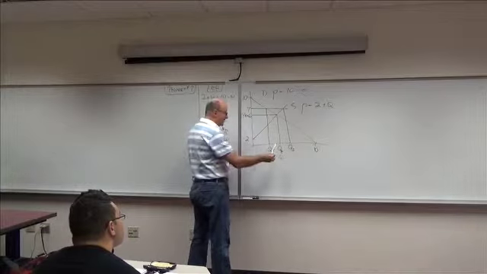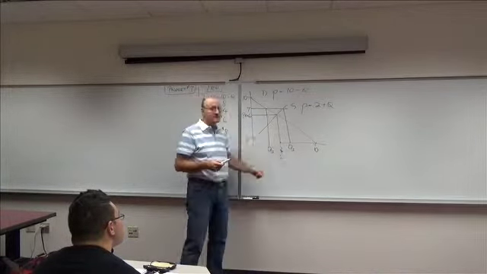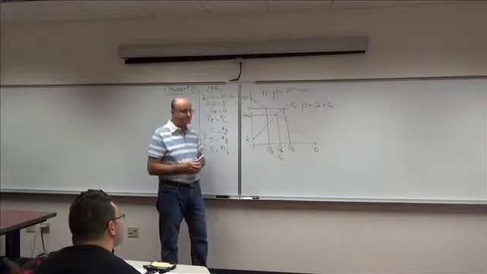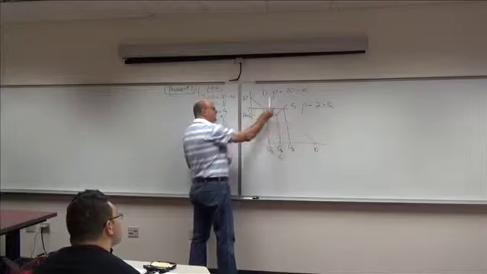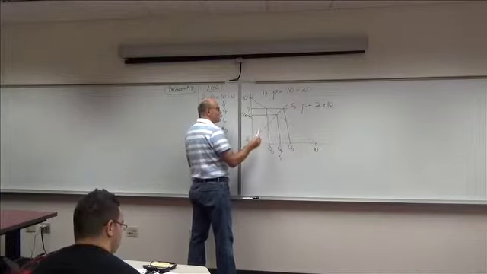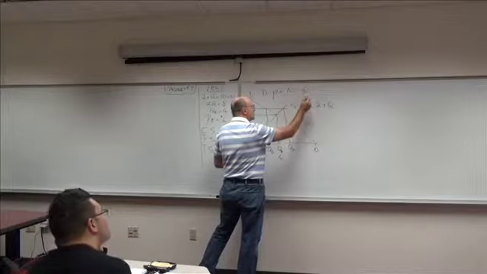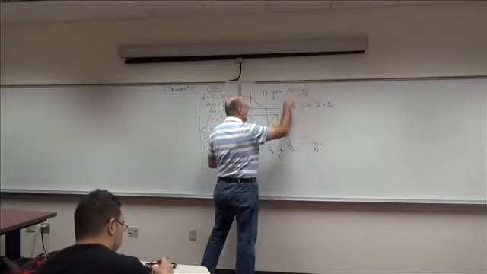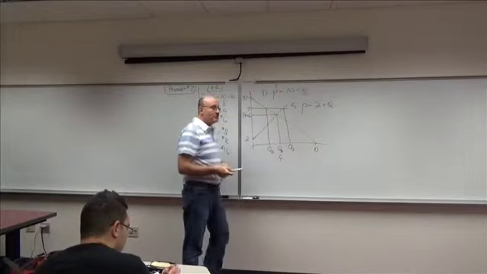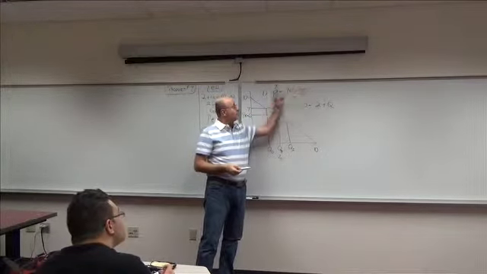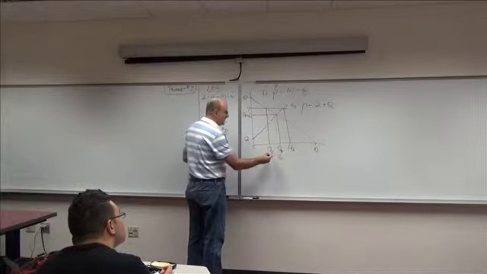Now they're not equal to each other, so let's find them. What is quantity demanded? What is quantity supplied? How do we find that? Plug it in. We're asking consumers who demand goods and services, what is the quantity consumers are willing and able to buy at price 7? 10 minus 7 is 3.